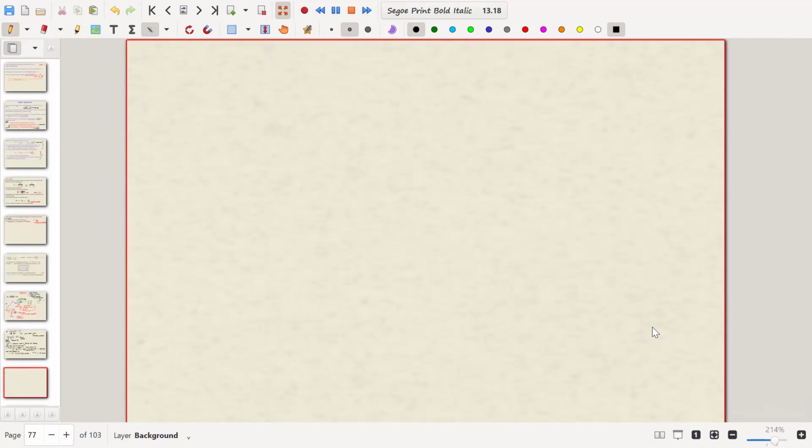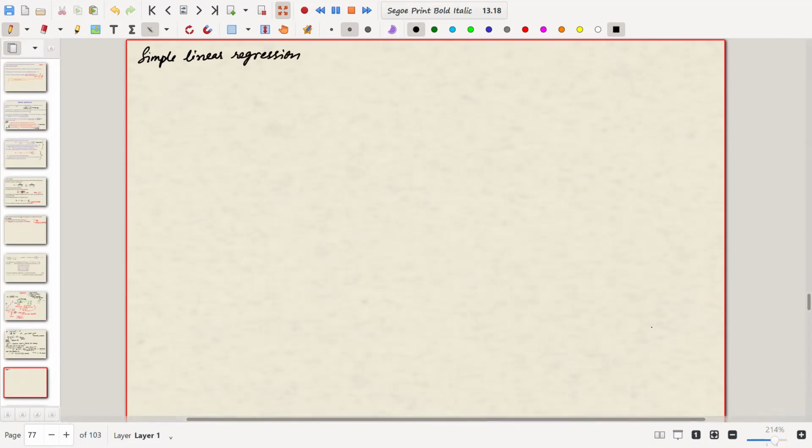Anyway, so what we have learned so far: now we will see simple linear regression. That will be the first aspect here. We saw y is equal to y hat plus the residual e. So what is y hat?